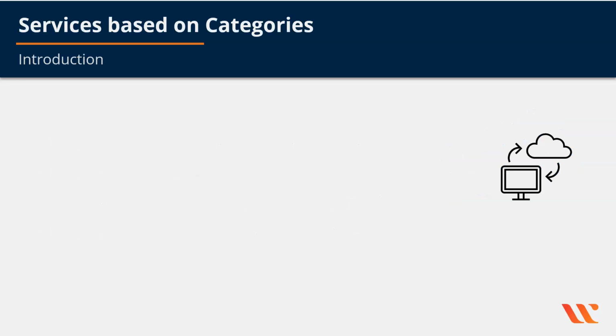Now, a very important part. Out of 165 plus services, which services should I really focus on? Here, we have divided all the services into categories. So let's see some services based on the categories one by one. First is the compute category, where EC2, Lambda, Beanstalk, Elastic Container Service, and Elastic Kubernetes Service come under this category.